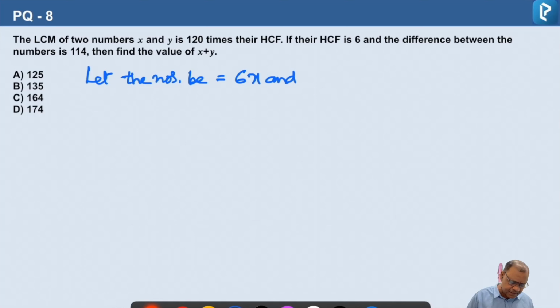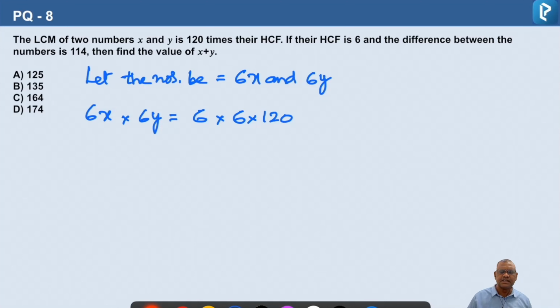The product of the numbers is equal to the product of the LCM and HCF. 6 is the HCF, and LCM is 120 times their HCF, so 6 into 120. So let us simplify. 6 gets cancelled on both sides. So what is remaining here? x into y is equal to 120.